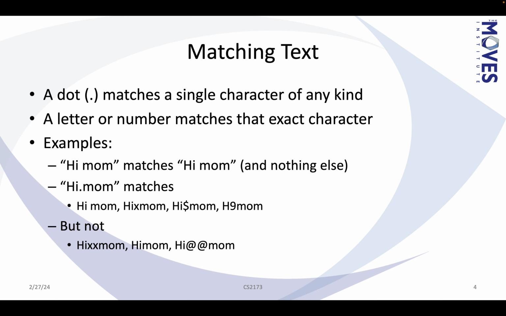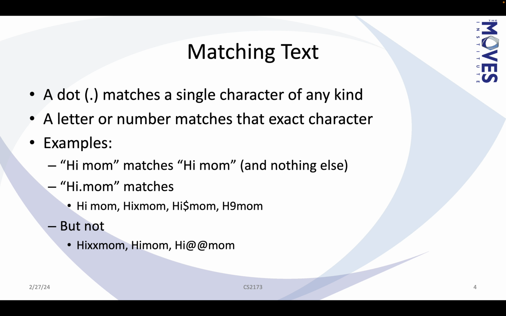So, now here's the first meta character. First, just regular text can be thought of as a regular expression, so when you search for all occurrences of a particular specific text, that's a regular expression as well.